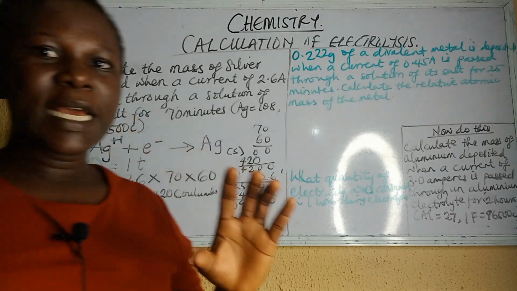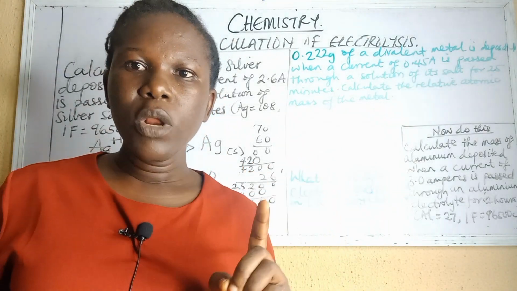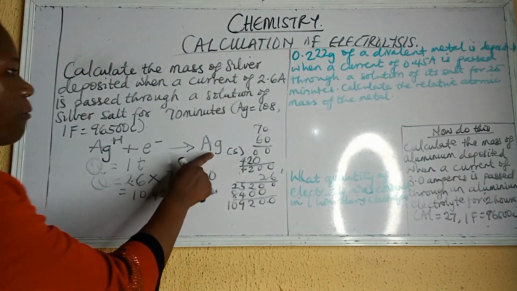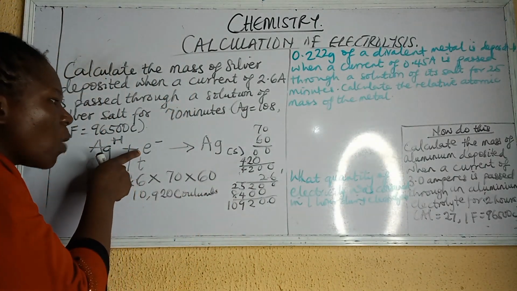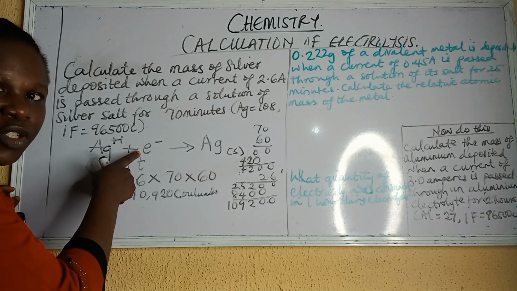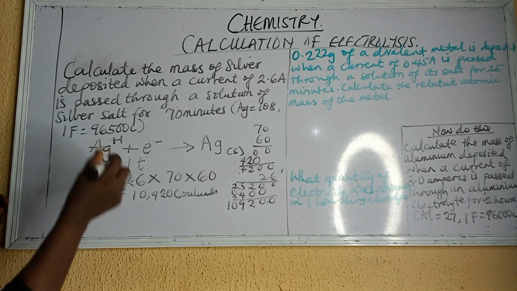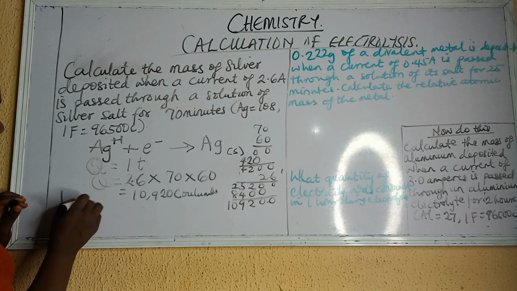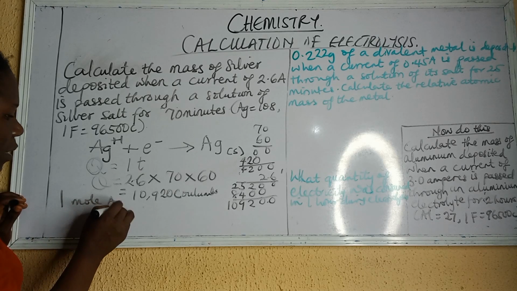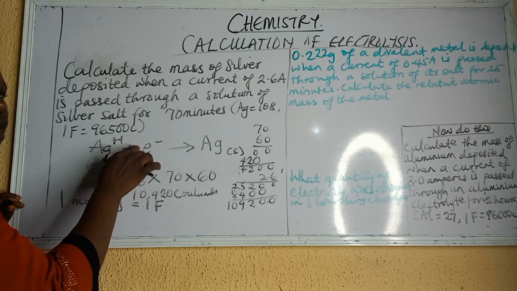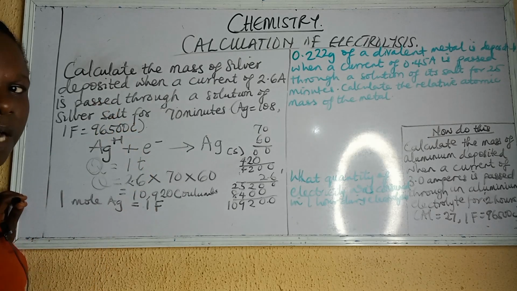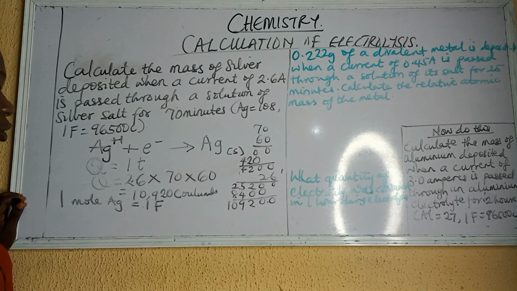There is a standard which says that 1 mole of silver is deposited by 1 Faraday because we have 1 electron here. Assuming you have 2 or 3 electrons, that would be 3 Faradays, which is 3 multiplied by 96,500.